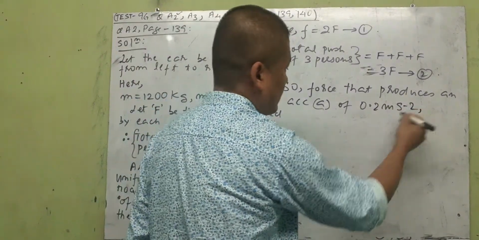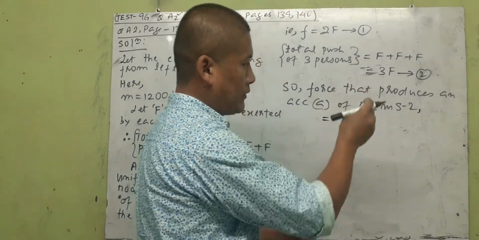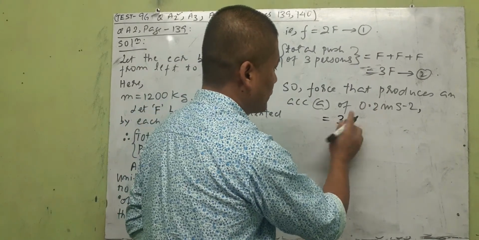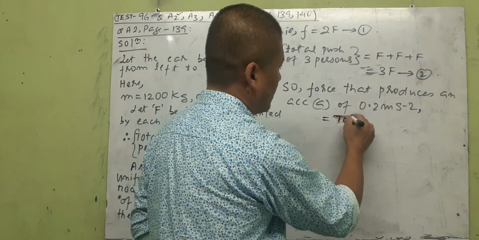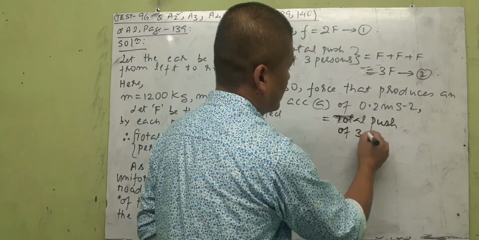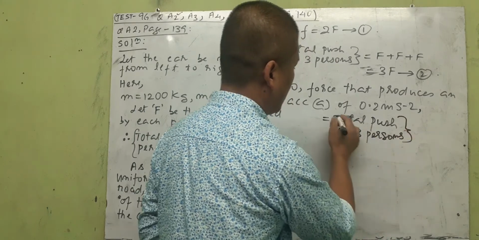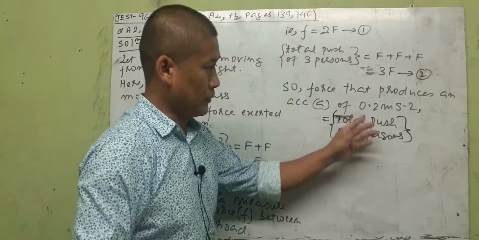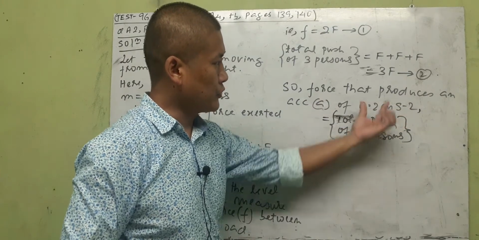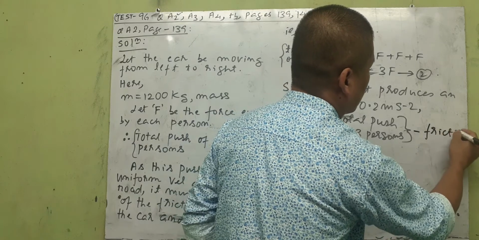This force, that very force that causes this acceleration, is the total push of three persons. This acceleration happens only when three persons push. So the exact amount of force that caused this 0.2 meter per second square acceleration means total push minus friction force.